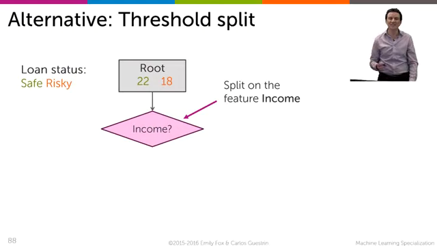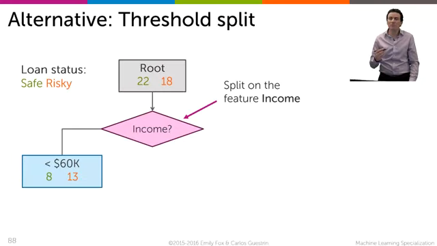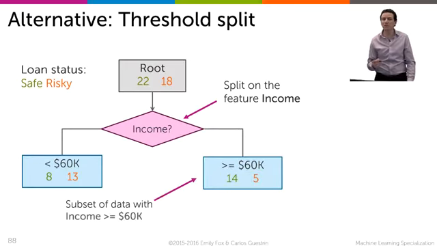A very natural alternative is to do what are called threshold splits. These are simply picking a threshold on the value of that continuous-valued feature. So let's say 60,000. For the left side of that split, we put all the data points that have income lower than 60,000, and on the right, we put all the data points that have income higher than or equal to 60,000.